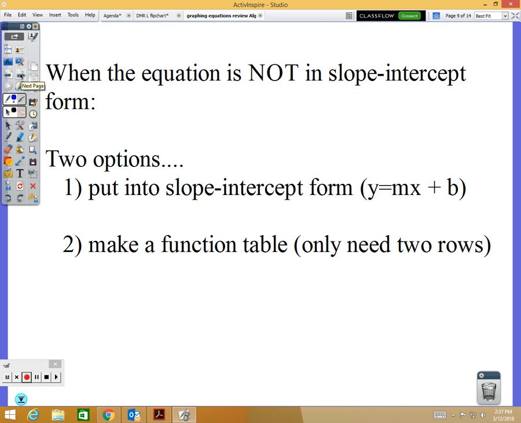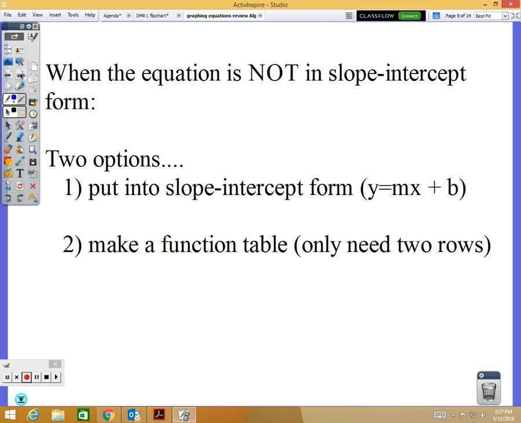All right, so if it's not in slope-intercept form, you really have two options. You can put it into slope-intercept form, which would be y equals mx plus b. So you'd want the y by itself. It's kind of like solving for a variable, getting y by itself. But your term that has the x would need to be closest to the equal sign. The other option that you have is making a function table.